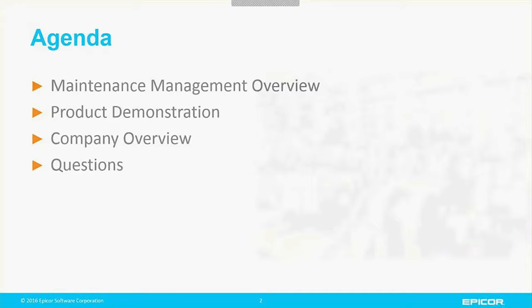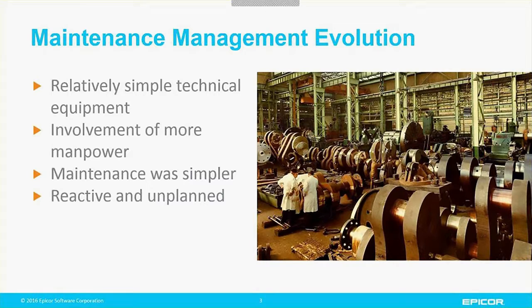Now, in the beginning of the Industrial Revolution, which essentially was spawned from a level of mechanization in the agricultural sector, you had very simple technologies, especially relative to today.